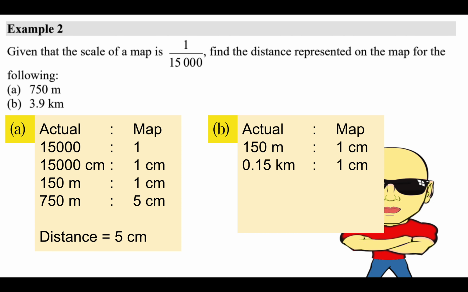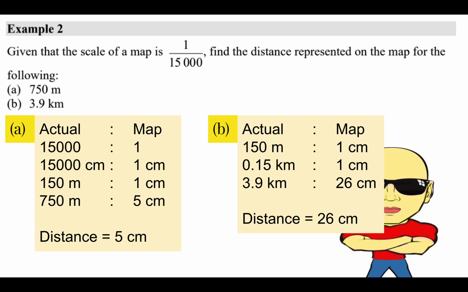That will be 0.15 kilometers to 1 centimeter. Finally, we obtain 3.9 kilometers, right? So 3.9 divided by 0.15 multiplied by 1 gives us 26 centimeters. Finally, do not forget to offer some context in our final presentation. The distance is 26 centimeters.